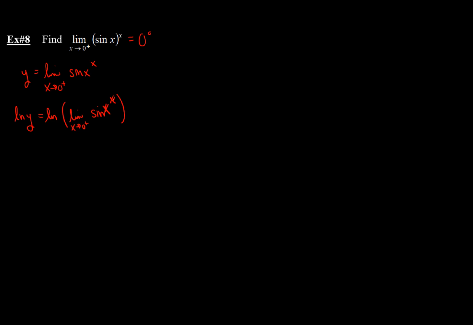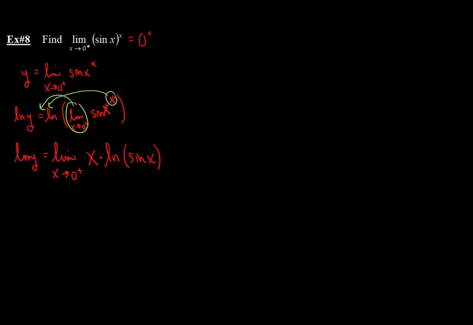Sorry for the nasty handwriting. It's getting dark and I have a glare. So we move the limit outside of the natural log, and we move the x in front of the natural log, because remember, those are the legal things to do.